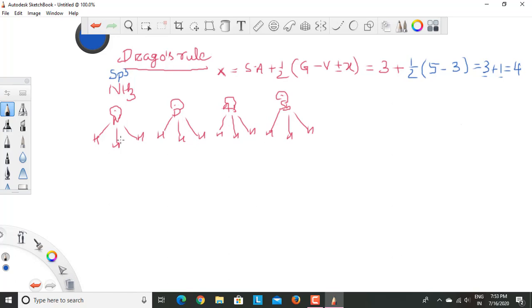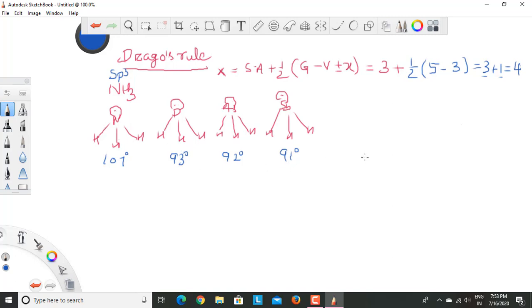What is the bond angle of ammonia? Bond angle is 107. What is the bond angle of PH3? It is approximately 93. Bond angle of AsH3, H-As-H bond angle is 92 degrees. H-Sb-H bond angle is 91 degrees. So bond angle decreases.